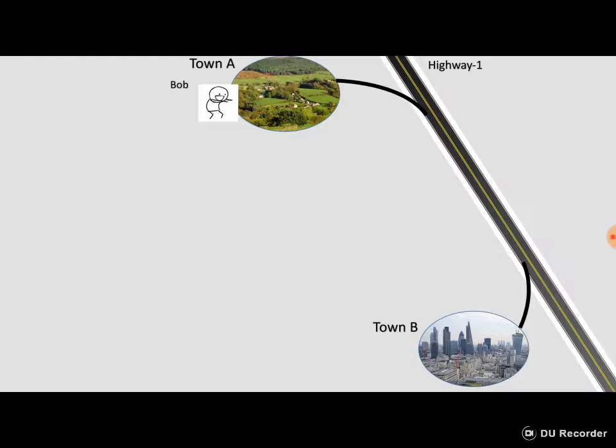So on a regular day, Bob, who lives in town A but works in town B, takes the highway and there is no unusual traffic. He gets to town B easily, but we decide to place a toll. So this is the first of two ways of placing a toll that we will discuss in this very interesting video.